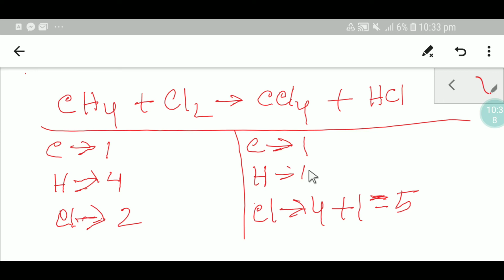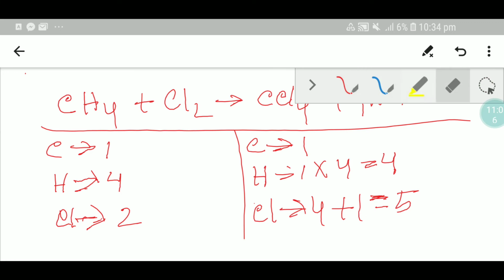To balance the hydrogen, what can I do? I can multiply by 4, that gives me 4, right? So this 4 must come before this hydrogen compound, so I have to place 4 here. If I place 4 here, then the number of chlorine will change. So I have to update my chlorine. Here I am getting 4 chlorine, and here also 4 chlorine.